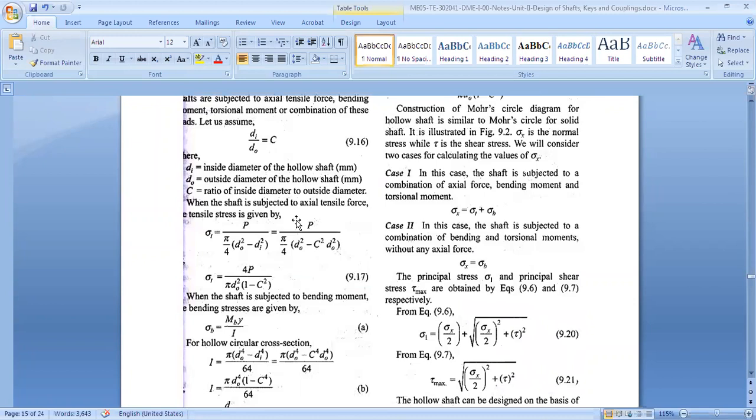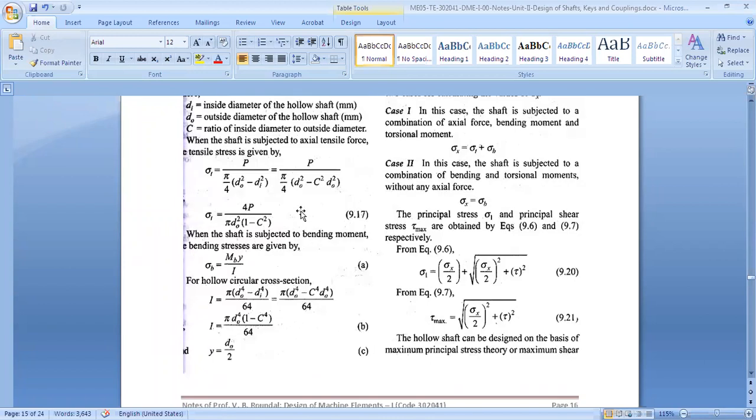That ratio di/do is C. So if outside diameter is 2 and inside diameter is 1, this factor will be 0.5, right? If inside diameter is 1 and outside diameter is 4, it will become 0.25, right? So if di and do ratio is C, we'll derive the same formulas, but with this ratio now.